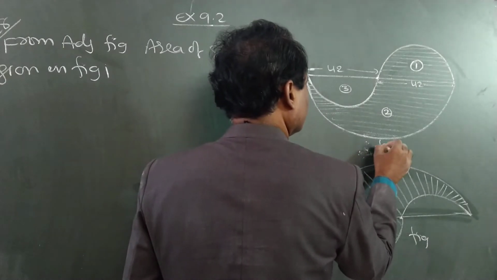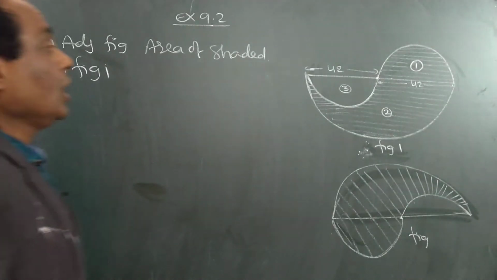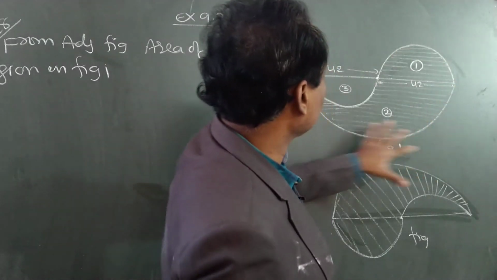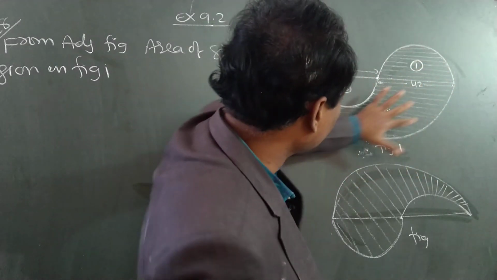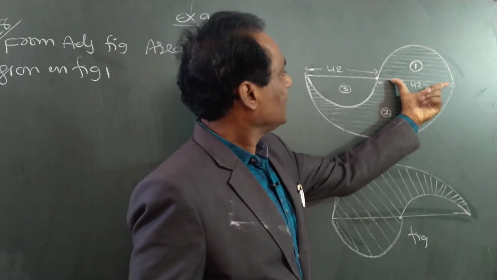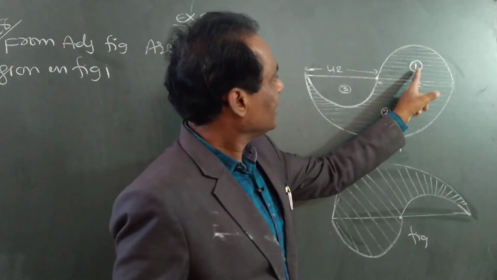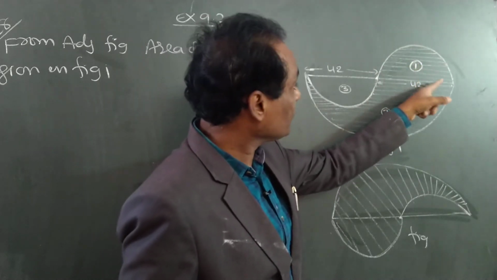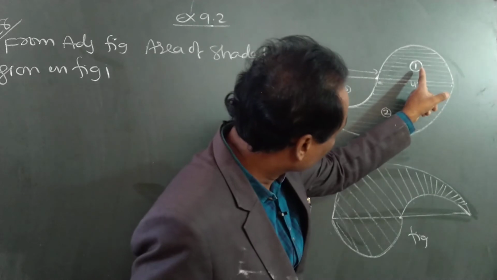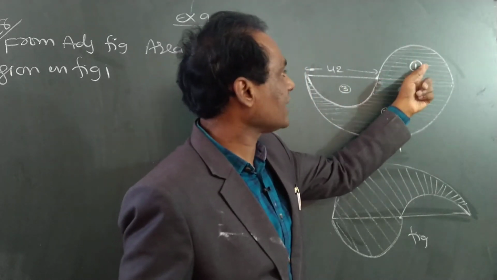See here. Find the area of this total shaded region. This is the area of, say, semicircle 1. This is semicircle 1. This area we have to find.